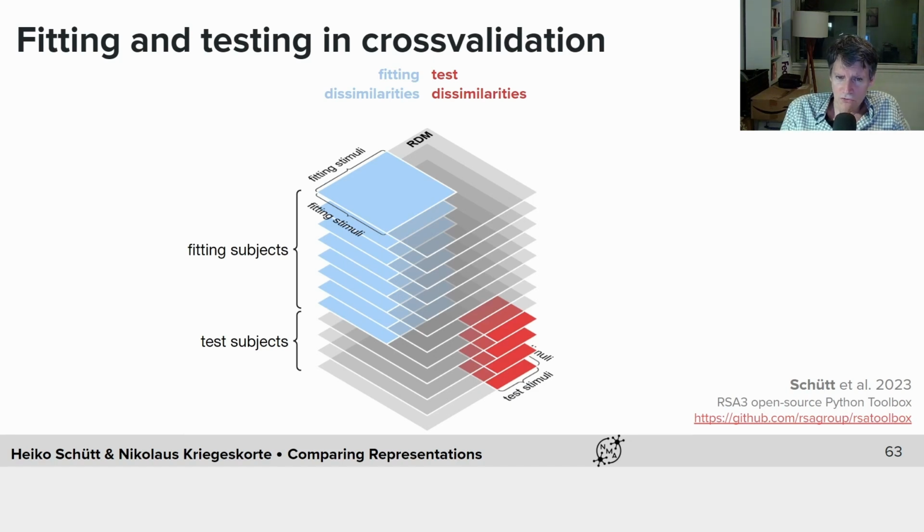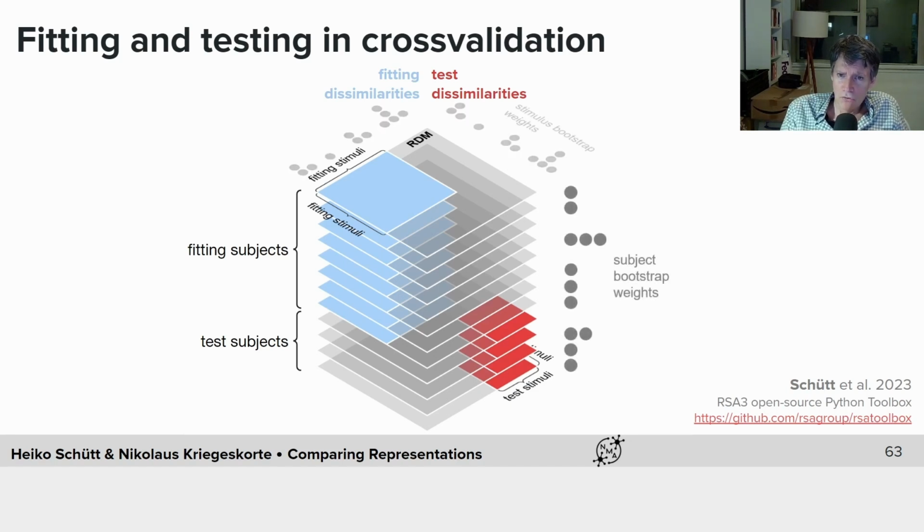So the models must generalize simultaneously across subjects and across stimuli, which is a hard generalization challenge. And we can do this in cross-validation to get unbiased estimates of model performance. So it's good to have these unbiased estimates of model performance, but we still need to also estimate our own uncertainty about these estimates.